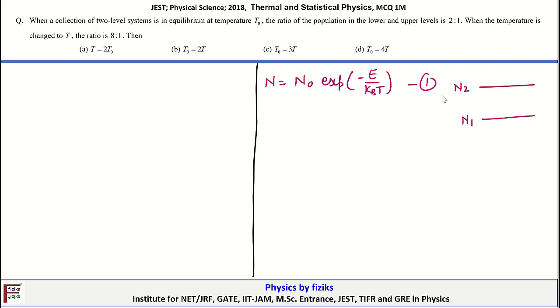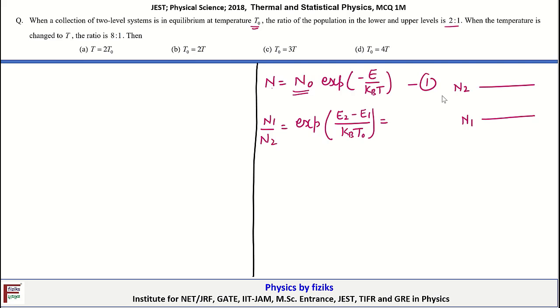Now we are given that the ratio of the population in the lower and upper level is 2:1, and this is at temperature T naught. So n1 divided by n2 is equal to exponential of E2 minus E1 upon kB T naught, where n naught cancels out.